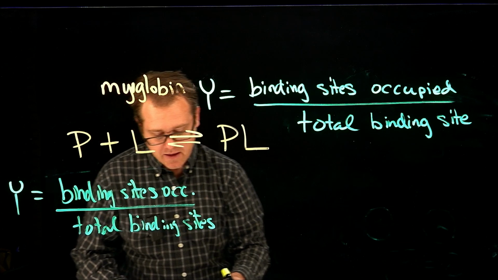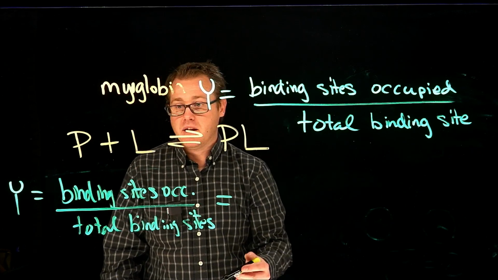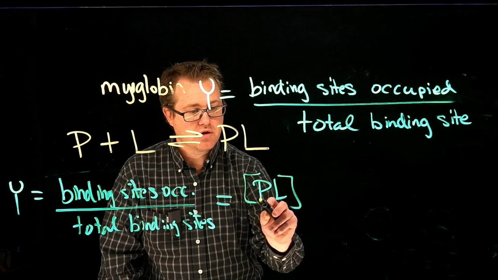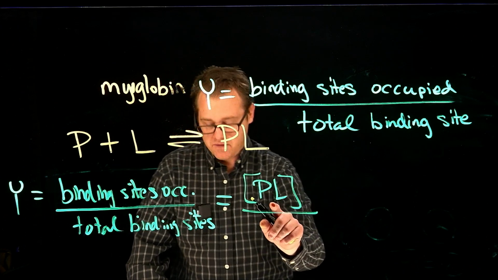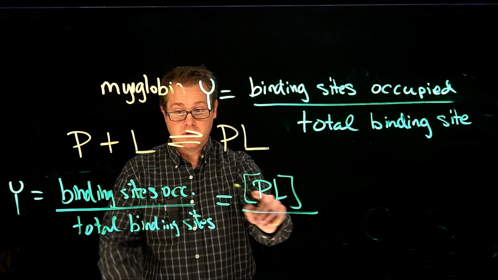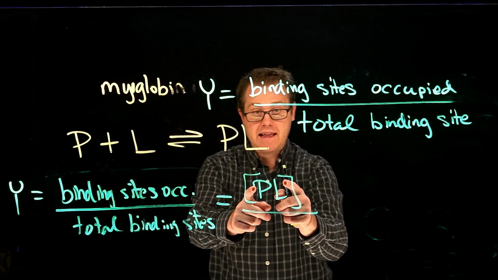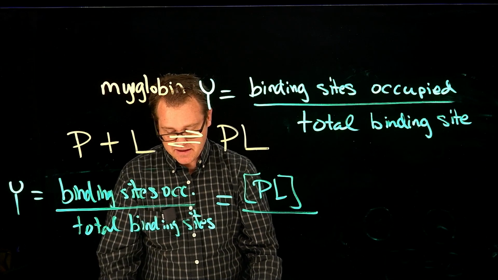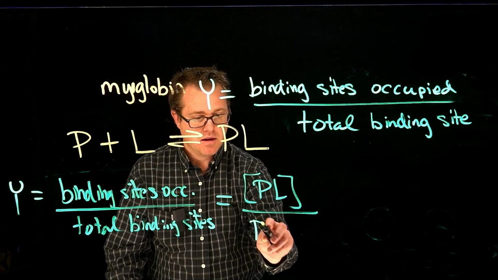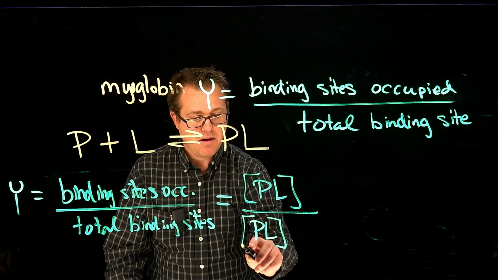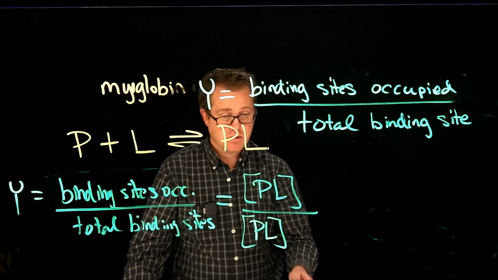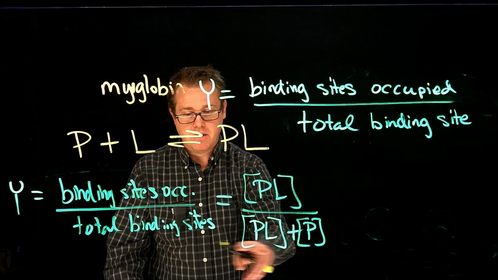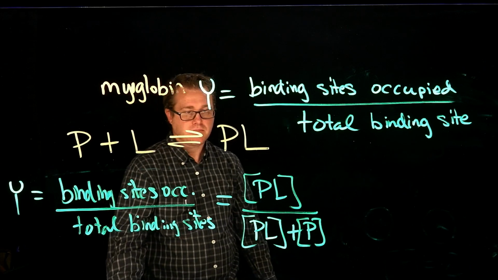Okay, that can equal the concentration of how many are bound. So you see binding sites occupied, that's what that represents, divided by the total. And how would we represent the total amount of binding sites? Well, how many sites have the ligand bound, plus how many sites that are not bound. And that would equal the total. Okay.